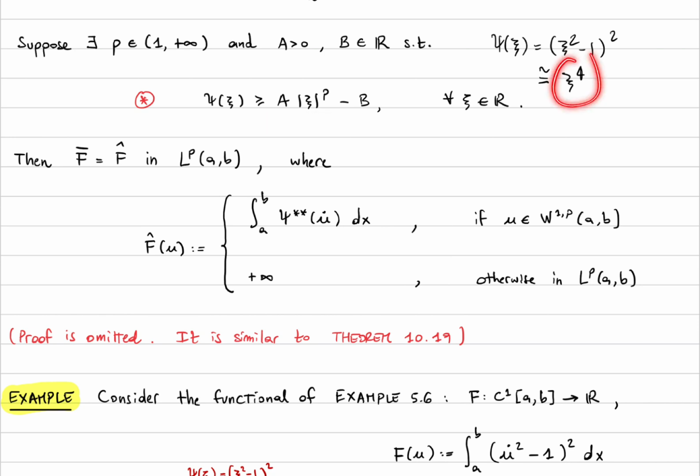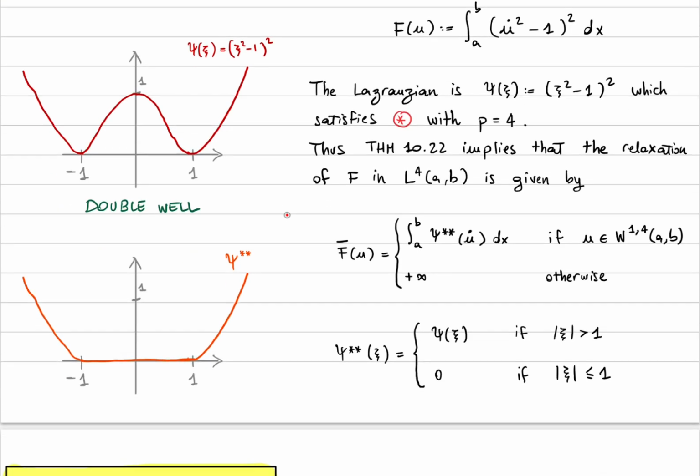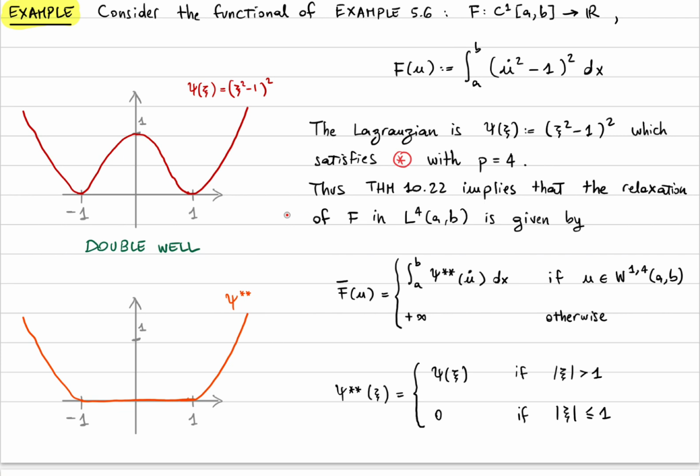Anyways, the leading term is xi to the power of 4, so you're sure that you can find A and B such that this estimate is satisfied. And so the relaxation is ensured. We know how to compute the relaxation in W14 of AB. Okay, so this Lagrangian satisfies the double well potential here.